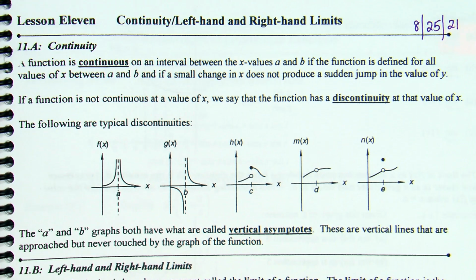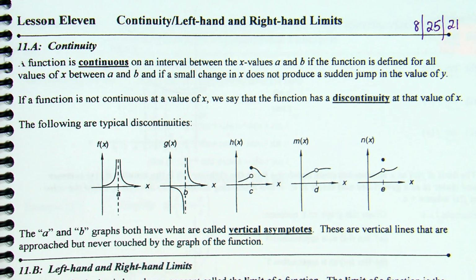Definition of what it means to be continuous. A function is continuous on an interval between the x values a and b if the function is defined for all values of x between a and b, and if a small change in x does not produce a sudden jump in the value of y. Okay. Layman's terms, you can take a pencil and trace the graph and never have to pick your pencil up.